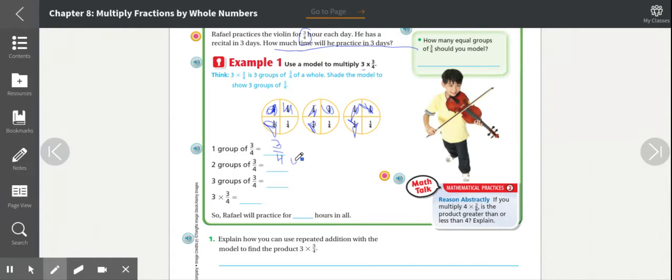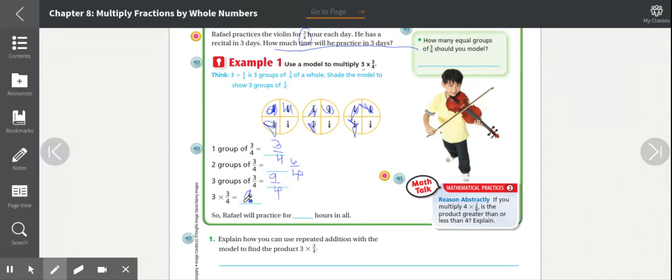I'm going to just do it over to the side. And then 3 groups or 3 days practicing for 3/4 hours would be 3, 6, 9/4. And you could think about it like we were just saying, 3 days times 3/4 would be 9/4.